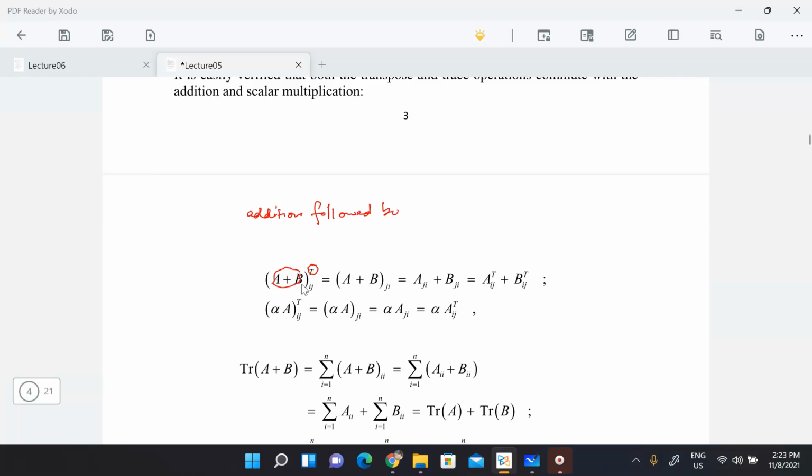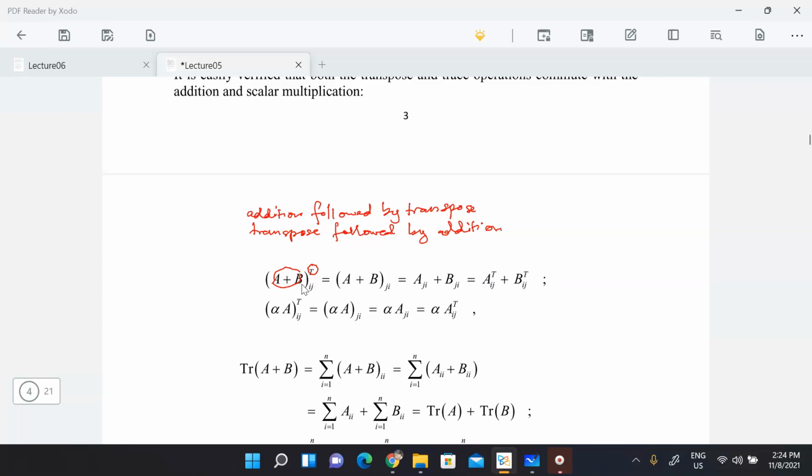Now, sometimes you want to make sure: if I swap these two operations around, are they the same thing? If you swap it around, then I should be doing transpose first, followed by addition. So how do we check that? Well, the best thing to check is using the index notation.